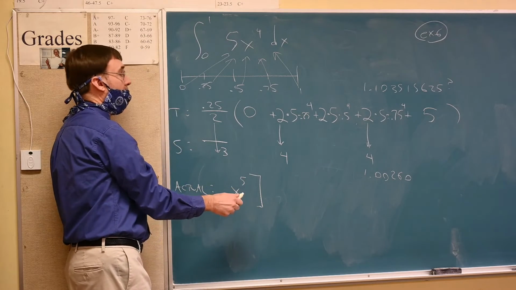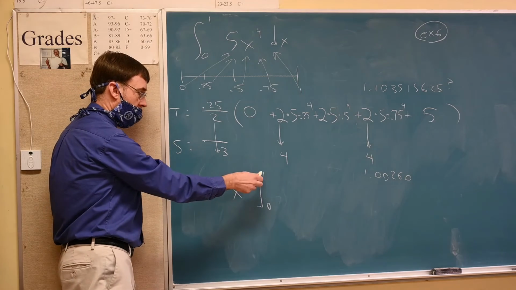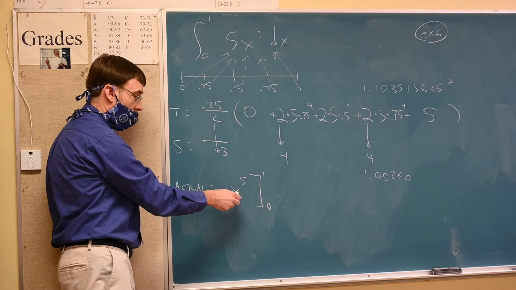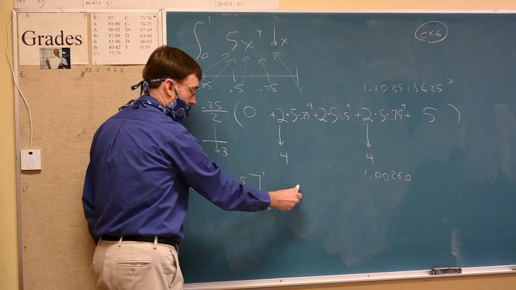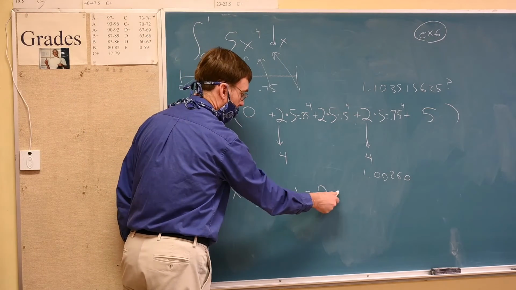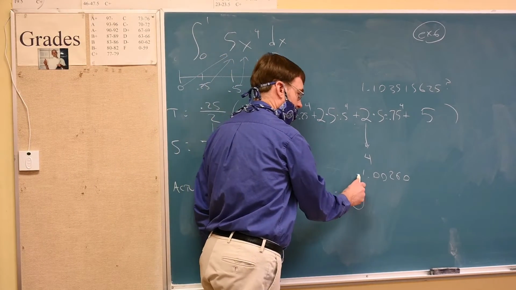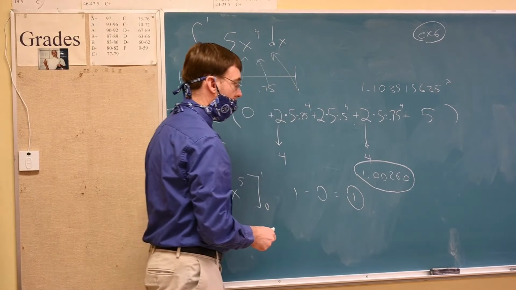And then we do our little brackety friend. We were going from 0 to 1, which means plug in 1, 1 to the 5th is 1, put in 0, 0 to the 5th is 0, subtract those results, we get 1. That is exact. That's pretty doggone good.